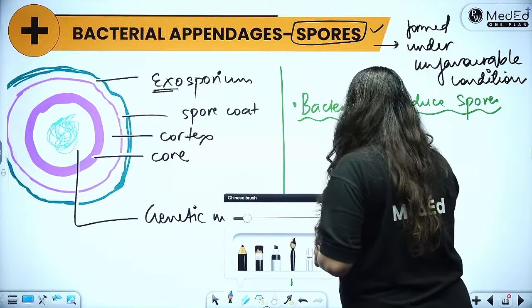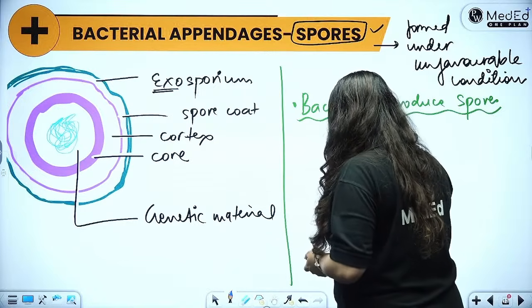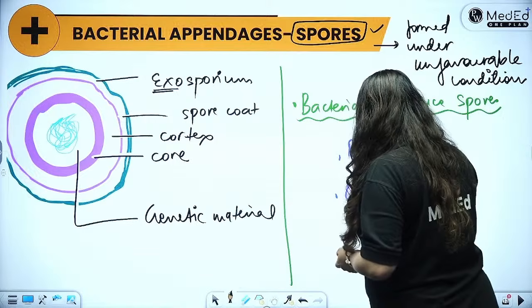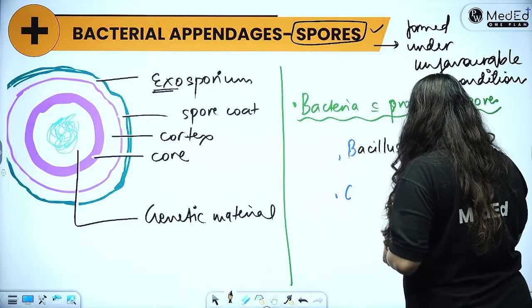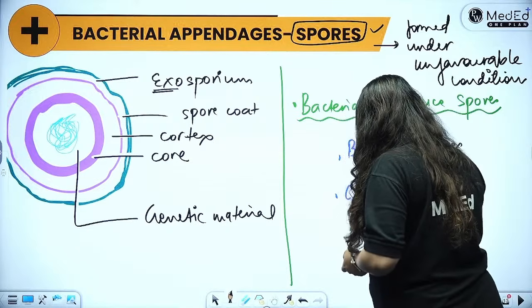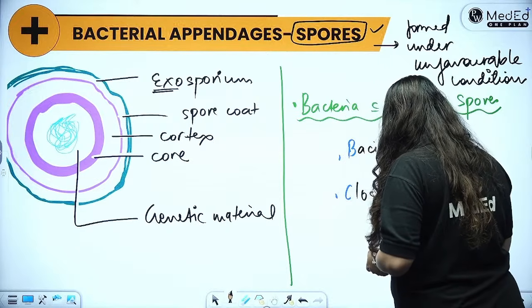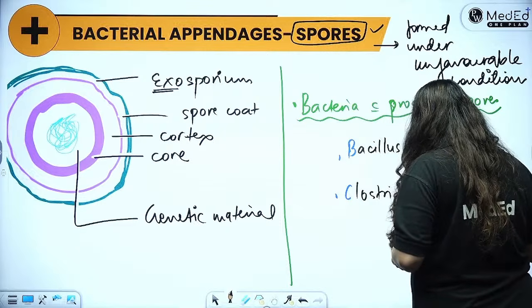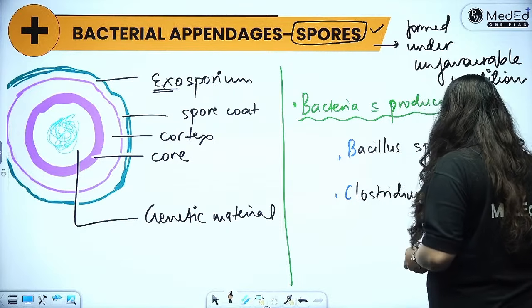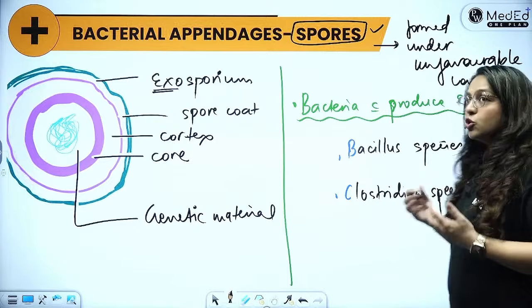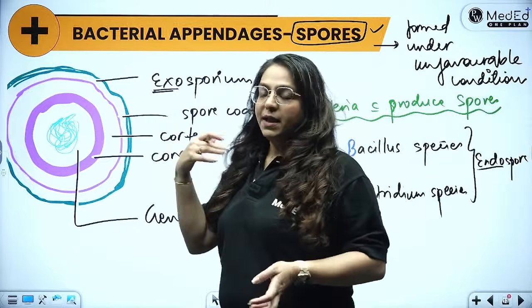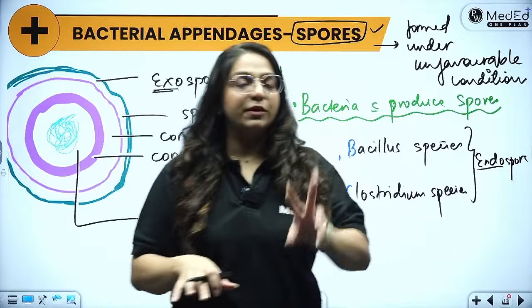The mnemonic is B and C. You have the Bacillus species or the Bacillus group which produces the spores, and you have the Clostridium species or the Clostridium group. Now these two are the ones which produce something which is called an endospore. While an exospore can be produced by many, an endospore is only produced by these two.